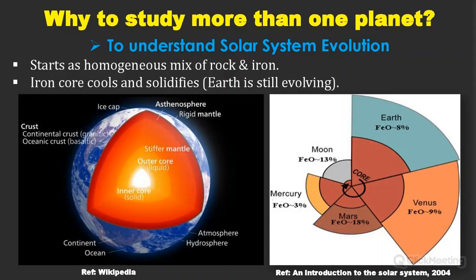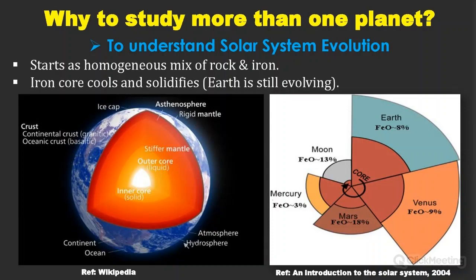In case of Earth, here I'm just showing you the structure of Earth, which first has an inner core in solid form, then an outer core in liquid form. Then we have mantle, and on top of mantle is crust. We can see the ice caps, and then we have the atmosphere. The crust of Earth can be divided into two: continental crust and oceanic crust.